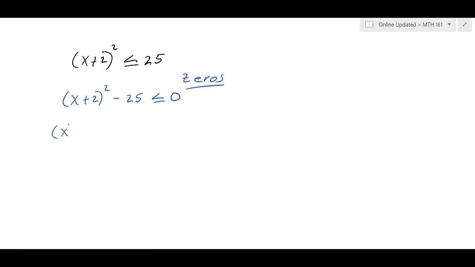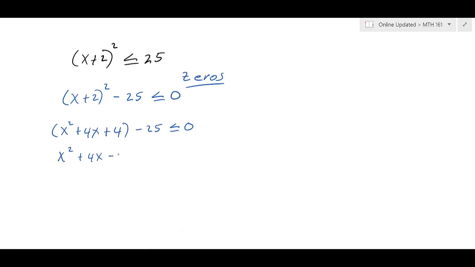So we get x squared, and then plus, we have 2x and 2x, which becomes 4x, plus 2 squared is 4, minus the 25. So then if we simplify this, we have x squared plus 4x, and 4 minus 25 would be negative 21. Okay, so this is one way you can go about finding the zeros.